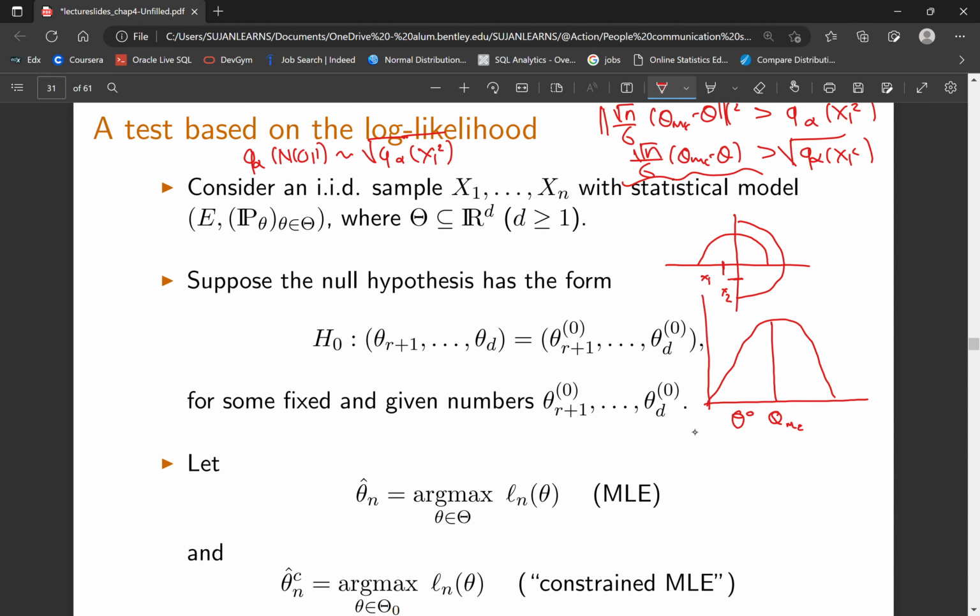And if you look at the y-axis, what we are saying is that the difference between y related to theta MLE and y related to theta naught should be really small. That's what we are saying here, and that's what we want to prove.